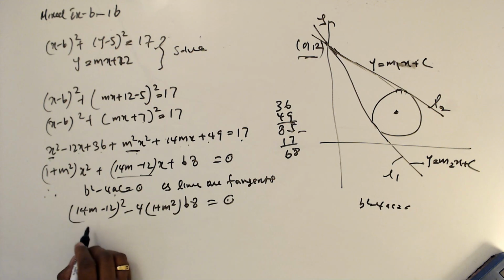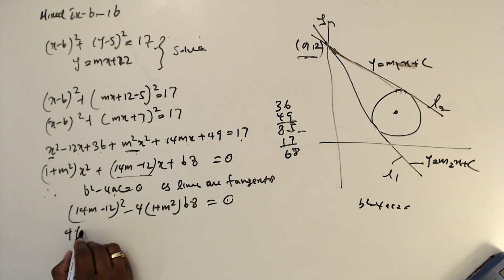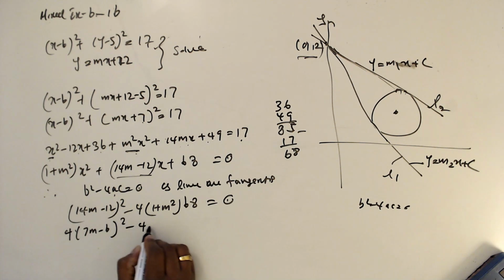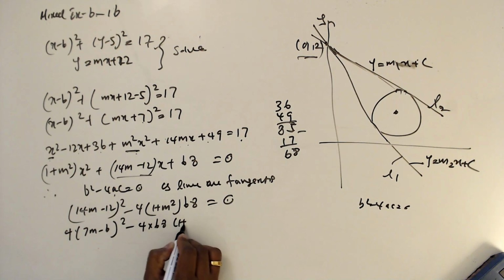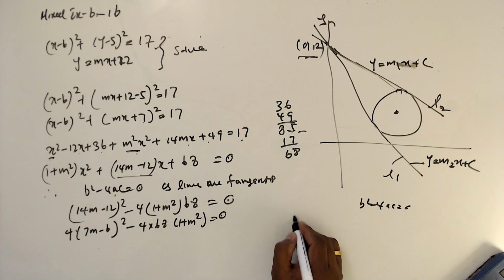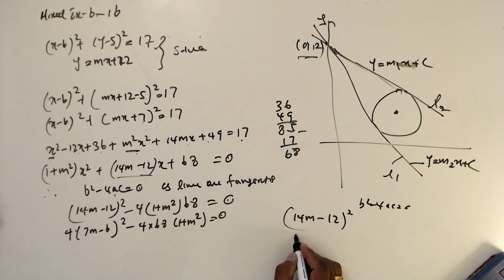Now I can see this is 14, I can take 2 out. So when I take 2 out, it's going to be 4 times 7m minus 6 square minus 4 times 68 times 1 plus m square equals 0. So now 14m minus 12 square, I'll take 2 out.